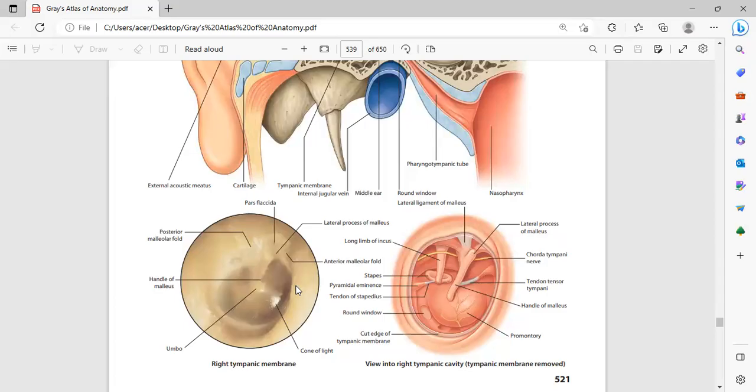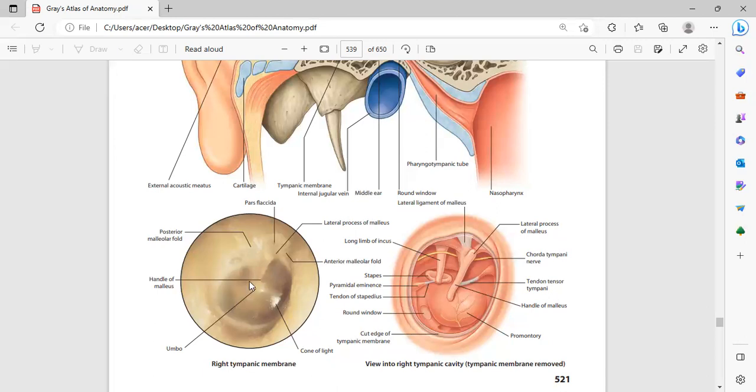These two arteries form an anastomosis around this tympanic membrane, along with the tympanic branch of the maxillary artery. So these three form an anastomosis around the tympanic membrane and supply it.